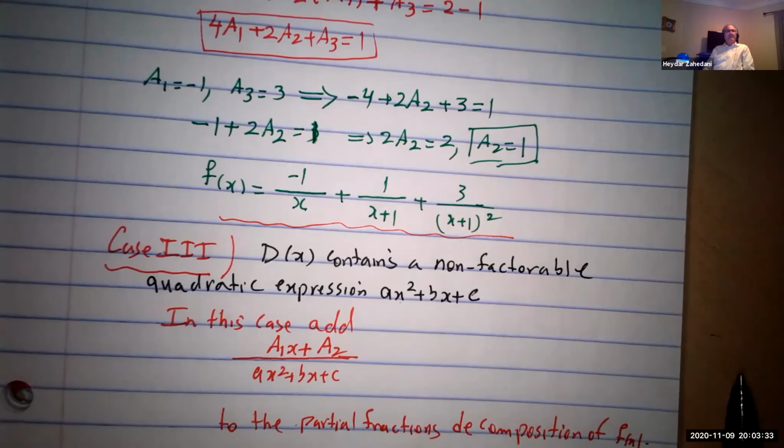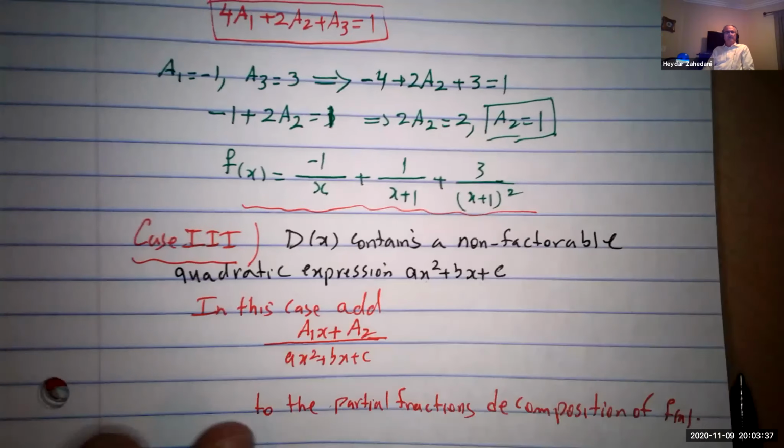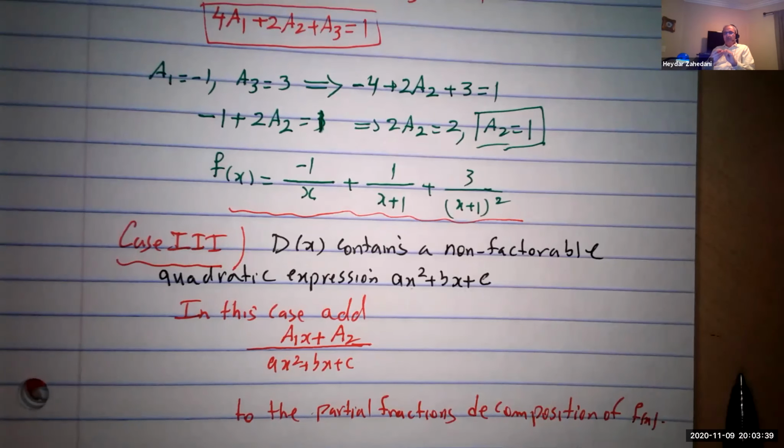For the other factors, we do what we talked about. When you get to this one, oh, it's quadratic, so the power is 2, and I have to put x on the top: a1x plus a2.